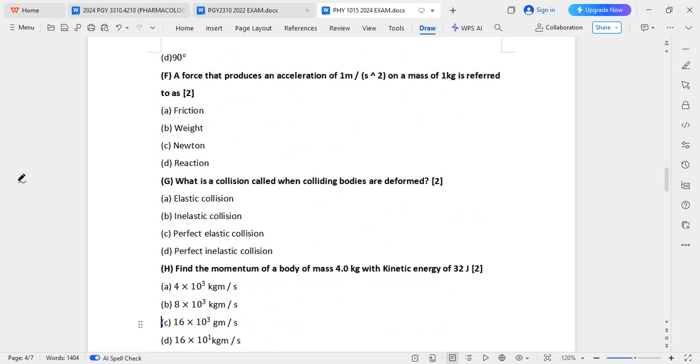If we're saying a force that produces an acceleration of 1 meter per second squared on a mass of 1 kg is referred to as, do you get what he's saying? A force that produces an acceleration of 1 meter per second squared on a mass of 1 kg is known as. So if you look at force that produces an acceleration on a mass, that is meaning mass times acceleration, and this is producing an acceleration of 1 meter per second squared on a mass of 1 kg.